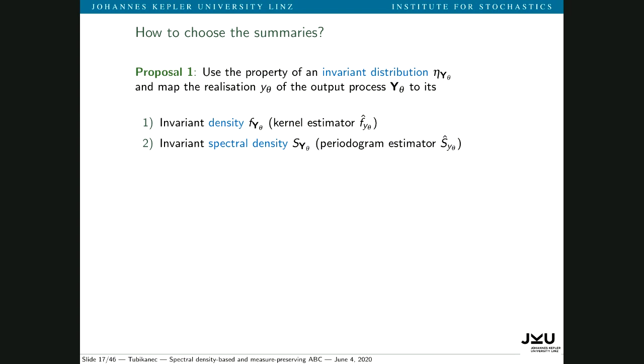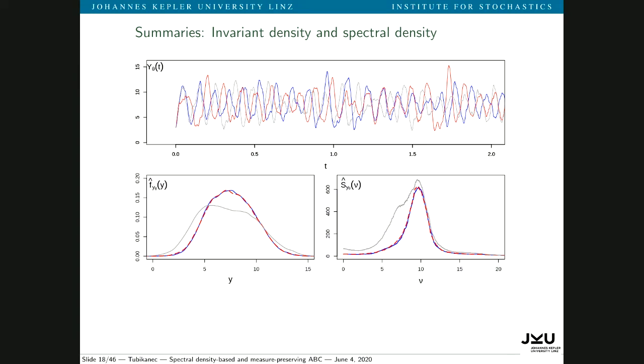And we use it to estimate the invariant spectral density of the model by using a standard smoothed periodogram estimator. I will show you what happens when we do this. So we take the data and map it from the top panel to what you see in the bottom panels, the density and spectral density.